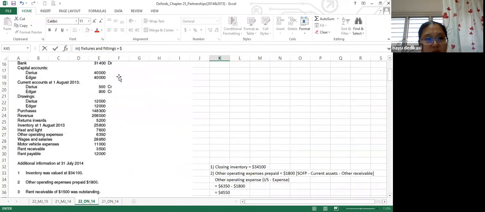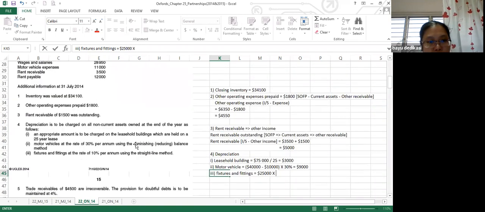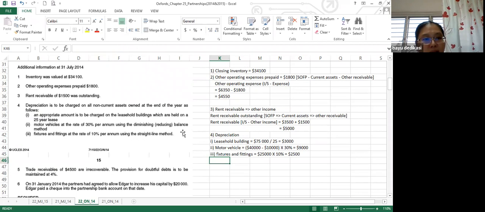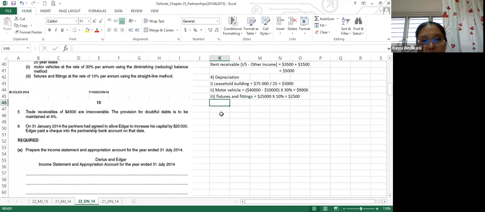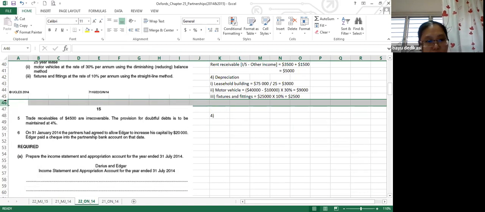So your cost, fixture and fittings, your cost is 25,000 times 10%, so it is 2,500. And then next, number 4. I need to highlight the accumulated depreciation later on in order not to forget.